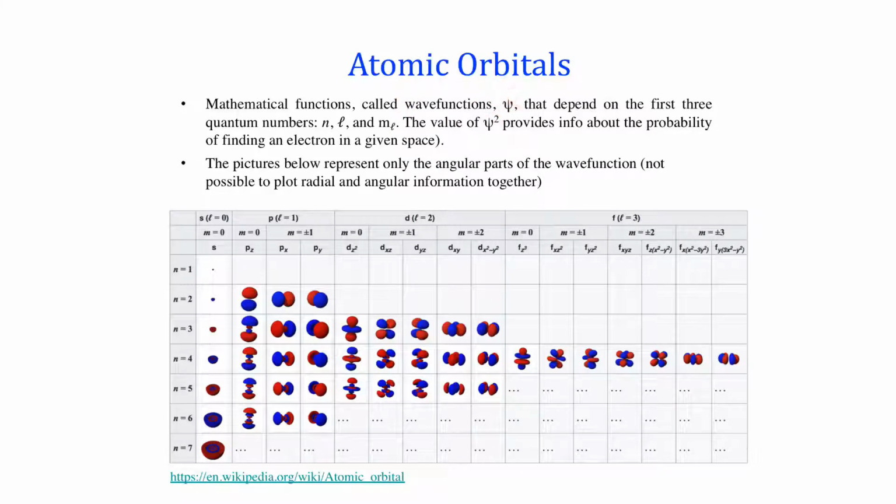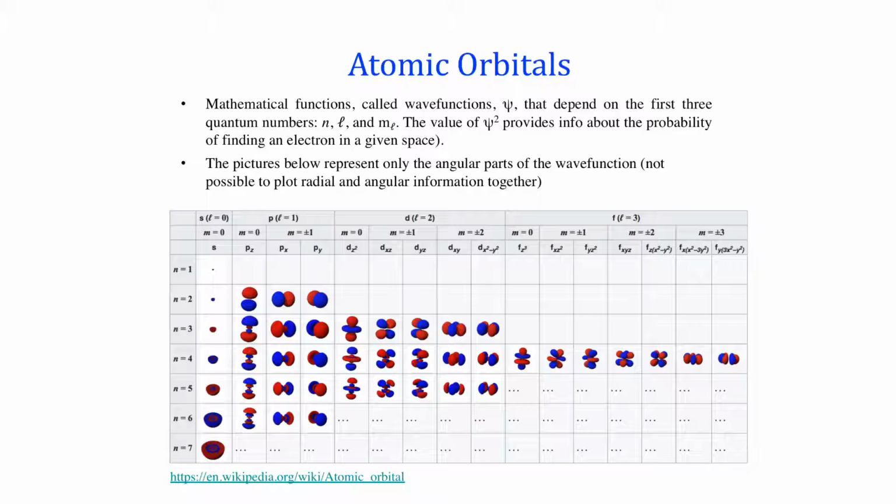So each psi essentially represents an atomic orbital that is dependent on those first three quantum numbers that we just talked about, the n, l, and m sub l. Those are all going to dictate what kind of wave function, what kind of mathematical function describes where your electron is located in your atom.